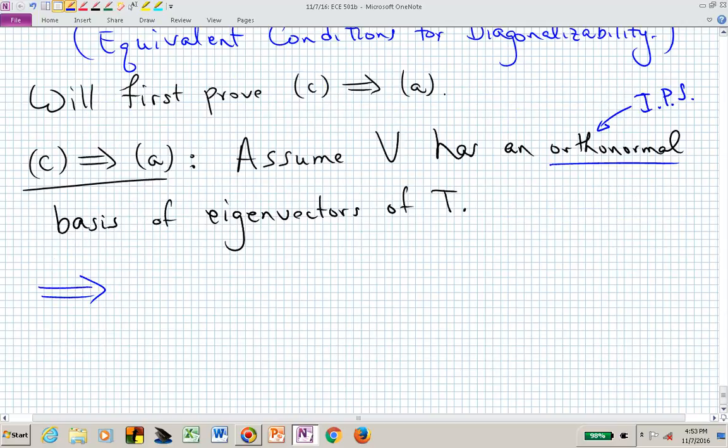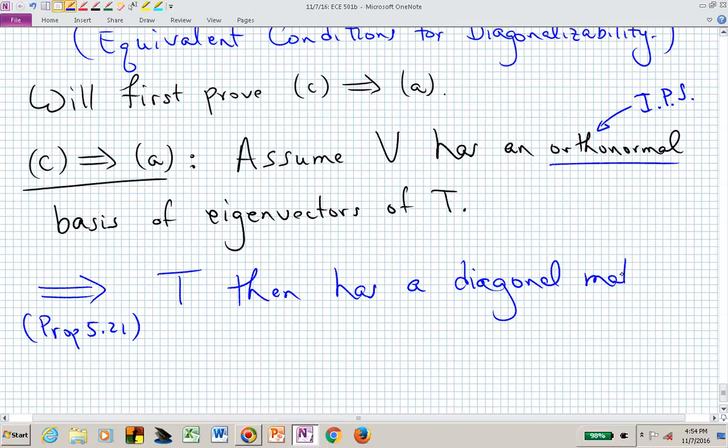If we now have an orthonormal basis of eigenvectors, then we can actually diagonalize the matrix representation of T, and we know that from an earlier proposition in chapter 5, which is proposition 521, that says T then has a diagonal matrix representation with respect to this basis, this orthonormal basis that we're assuming.